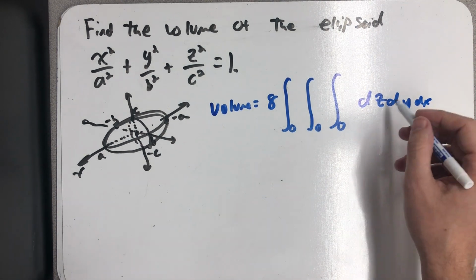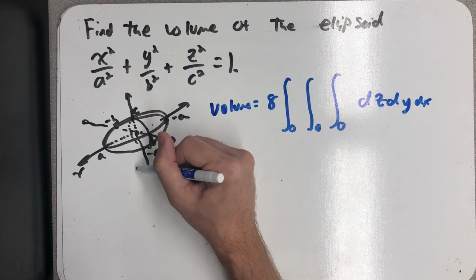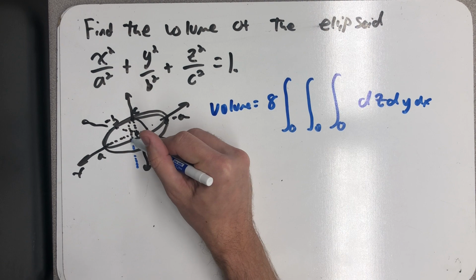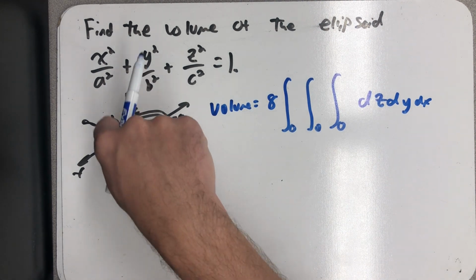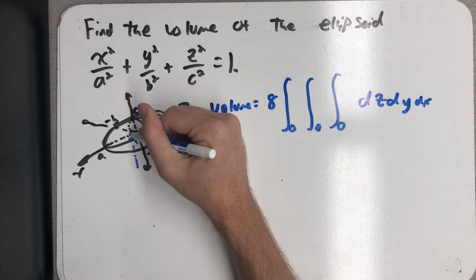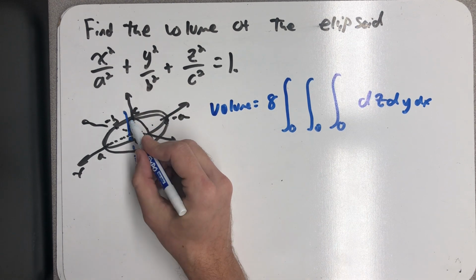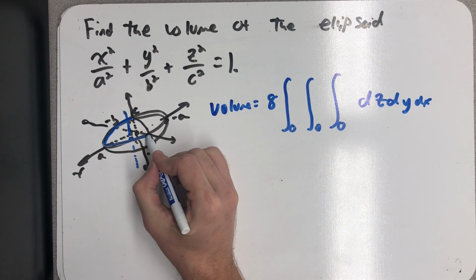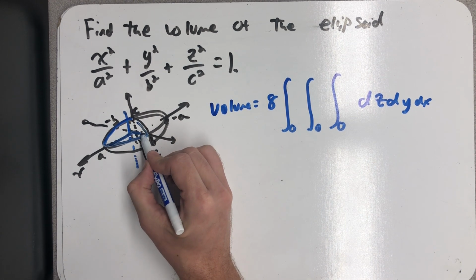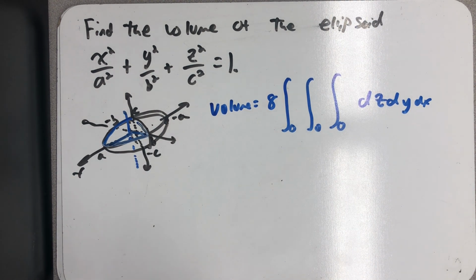All right, well, if I imagine a ray that goes through the first octant, I would hit the floor, just that bottom part there, in the xy plane, and then I'd hit the ellipsoid, just remembering that I'm only thinking about this part here that lies in the first octant, that 1/8 of the volume.